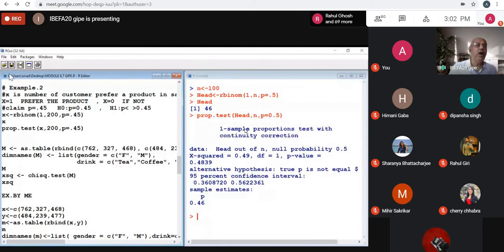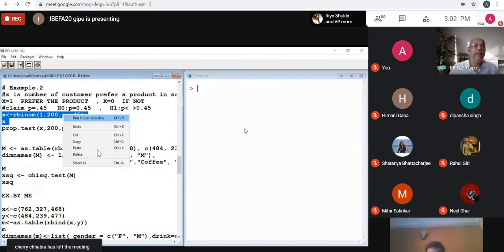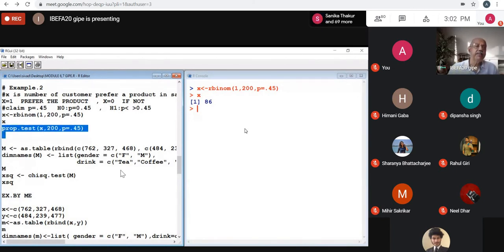In this case also, how many samples do I want? 200. Suppose you want 300, take 300 customers. So I have taken 200 customers and found that 86 of them prefer plain Horlicks. Proportion test.